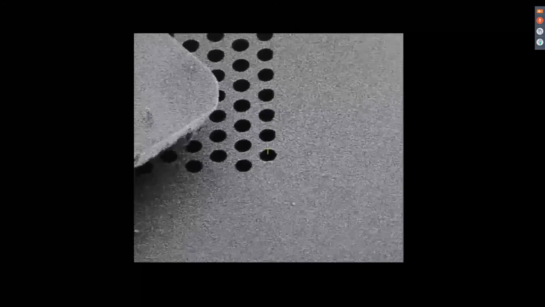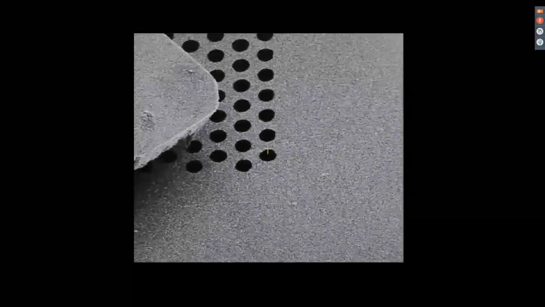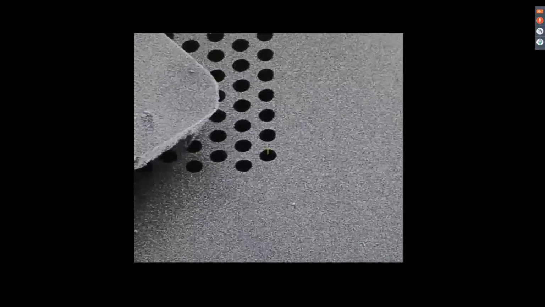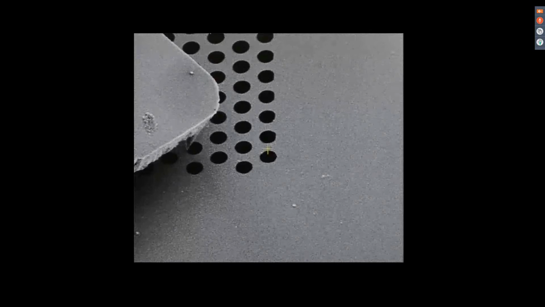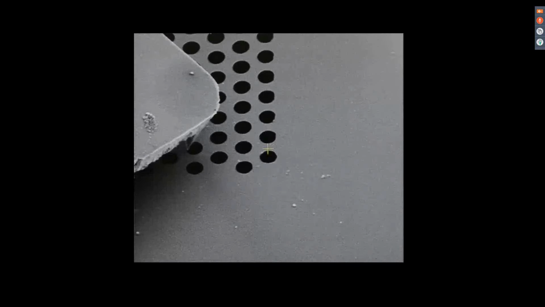After finishing the approach procedure, we can now start imaging with the AFSEM. Let me just increase the image quality of the SEM, so that you have a nice view of the cantilever and the sample.